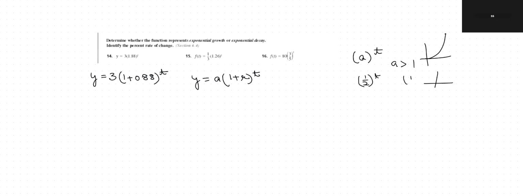Or we can say 1 plus r is equal to 1.88. So r is equal to 0.88, and the percentage growth or rate of growth is 88%.